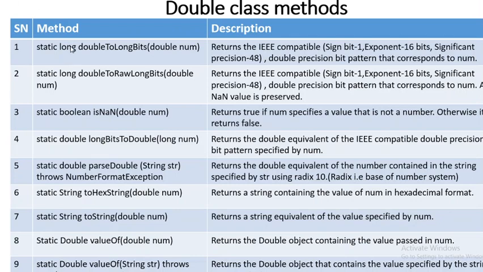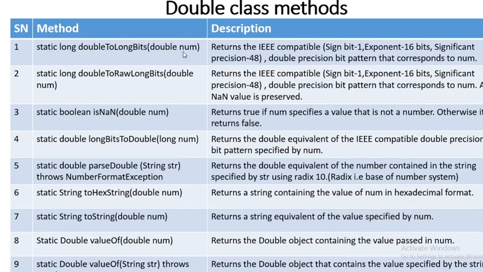Return type is long. Double to long bits. What it means? Whatever the argument double is here, that double number will get converted to long bits. So returns the IEEE compatible double precision bit pattern that corresponds to num.